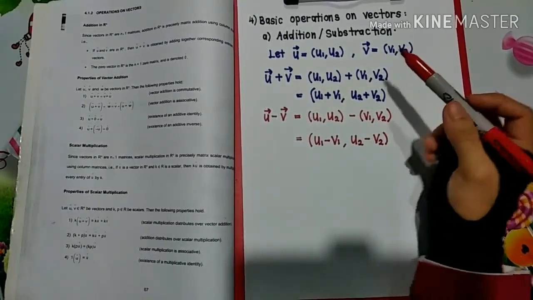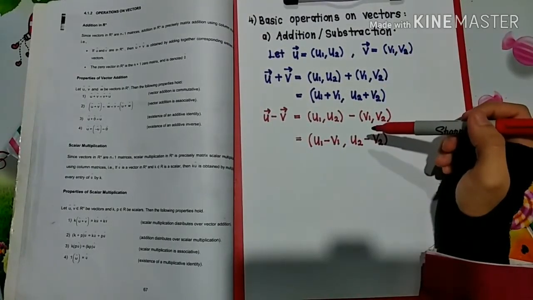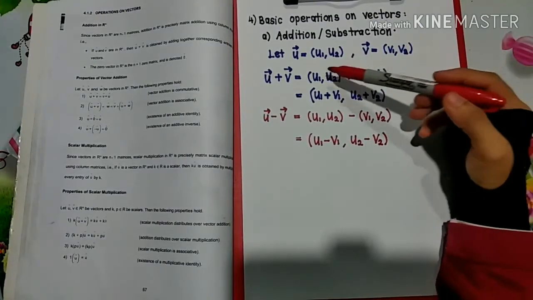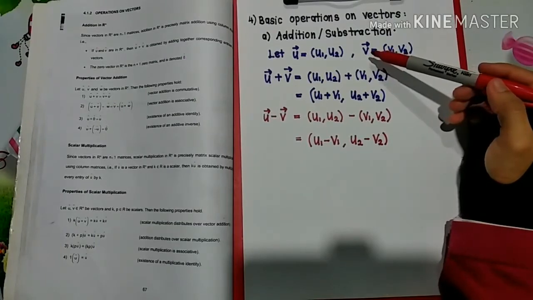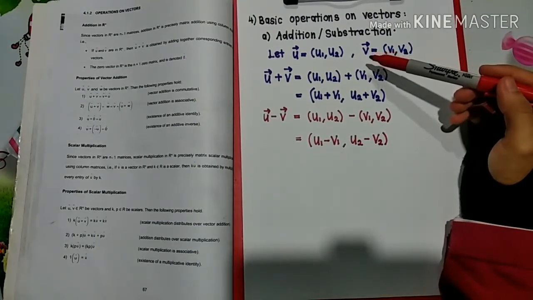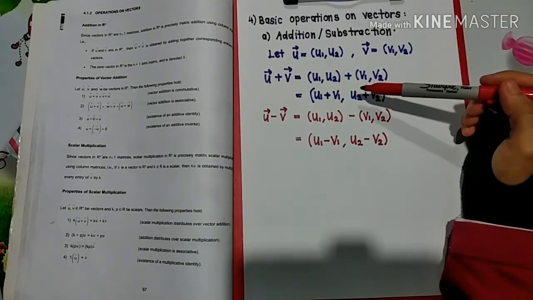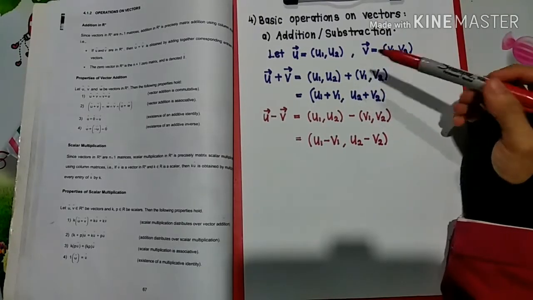That's how you do addition and subtraction. The given example uses vectors U and V in R2, but the same applies for vectors in R3 or in Rn.